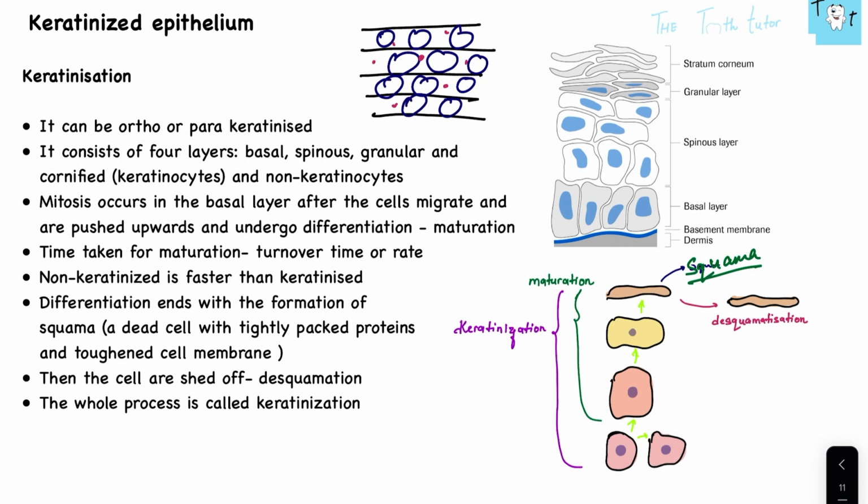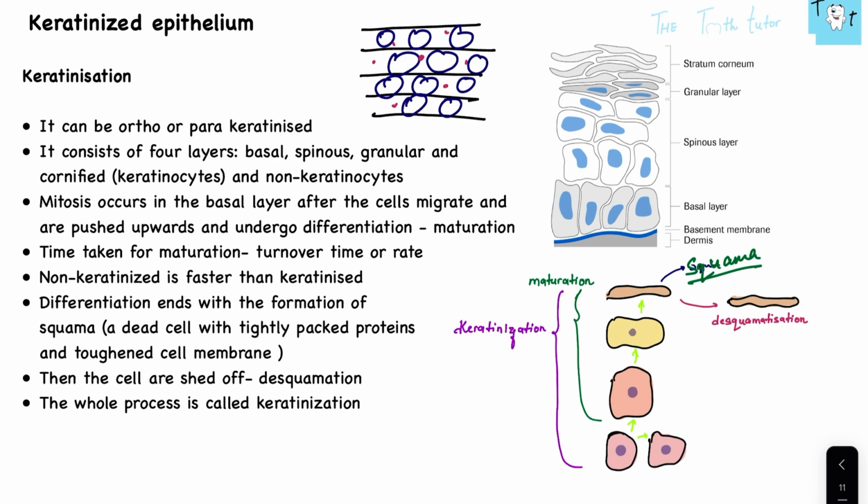The keratinocytes produce keratin, as the name suggests, and the non-keratinocytes have different functions. We'll study that in detail. First we'll study the process of keratinization, how these keratinocytes are formed. This is the process of keratinization.